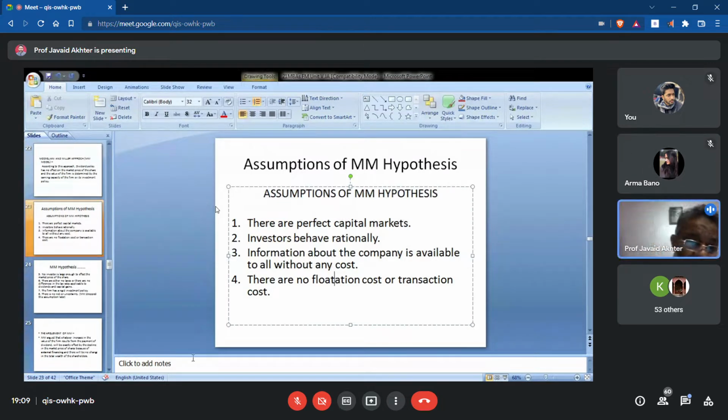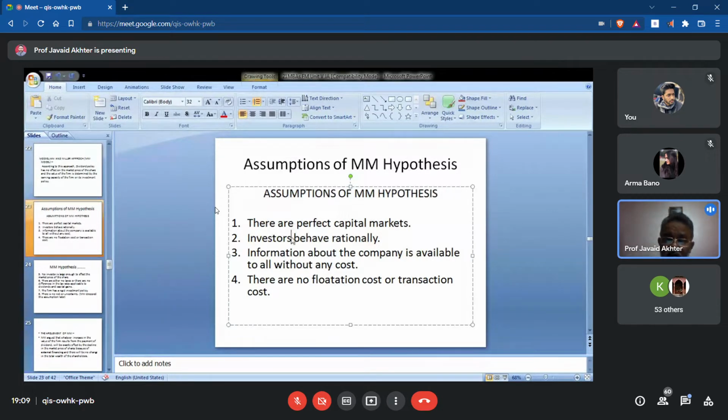So flotation cost or transaction cost is the money that a company incurs in engaging the people who will facilitate its issue of shares. So they assume that there is no flotation cost or transaction cost. Number one, they assume that the capital market is perfect.